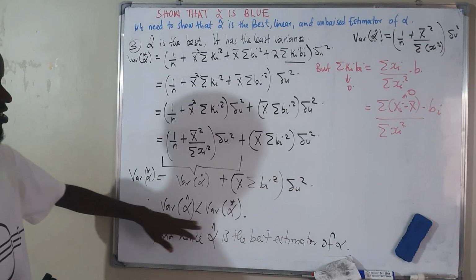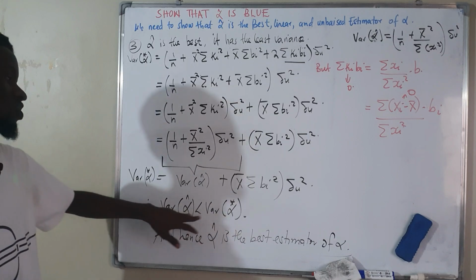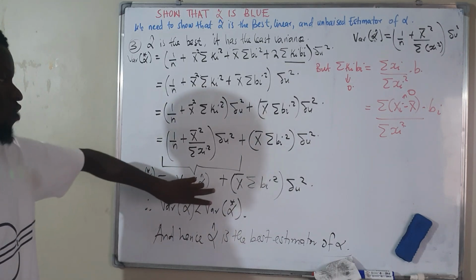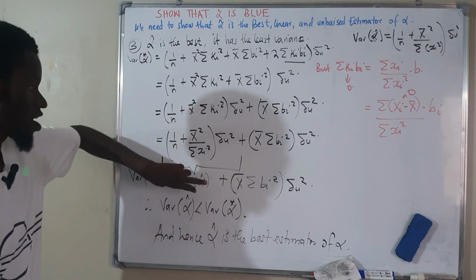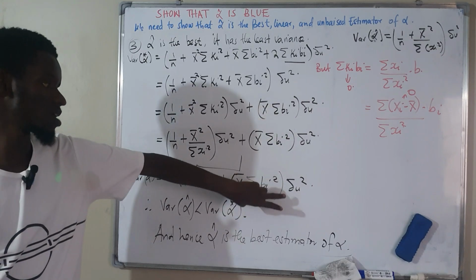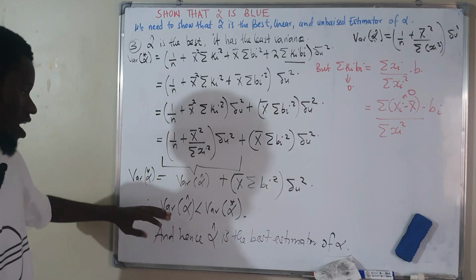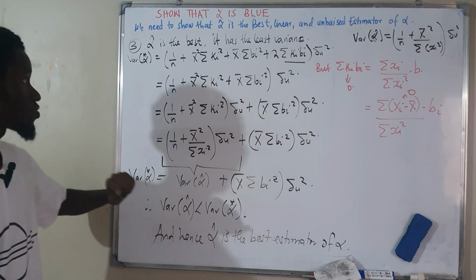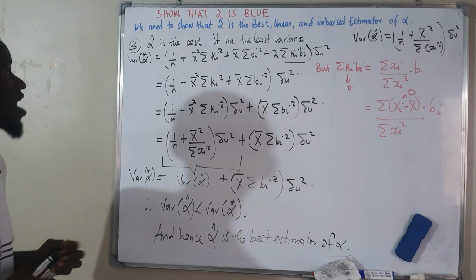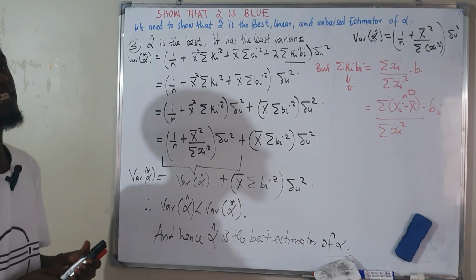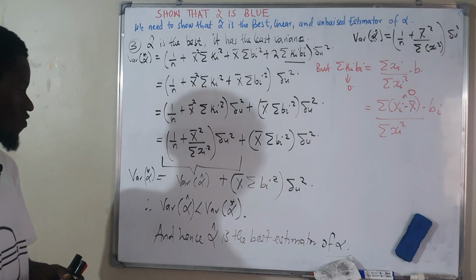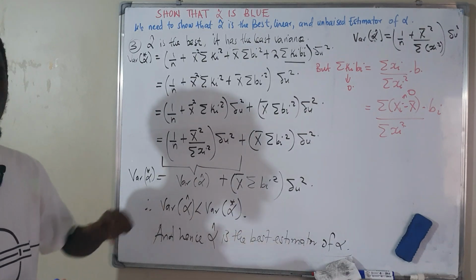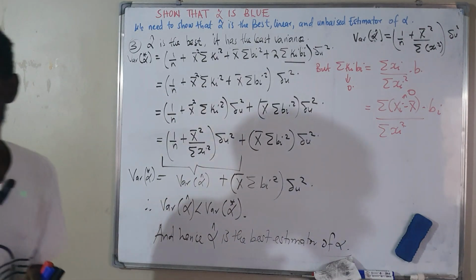Since you've seen that the variances of these two are not the same, to get the variance of alpha star we need to add the variance of alpha hat plus this value. To show that alpha hat is the best, you show that it has the least variance. Therefore, since alpha hat has the least variance, you say that alpha hat is the best estimator of alpha.